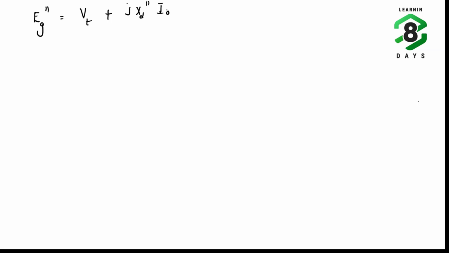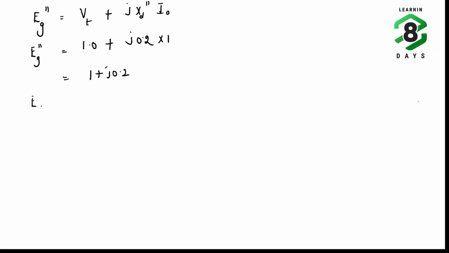This is the subtransient EMF. So this value will become, terminal voltage is 1, plus j0.7 into, sorry, this is j0.2, I'm sorry. Subtransient induced EMF is j0.2 into this one. So this value will become 1 plus j0.2.